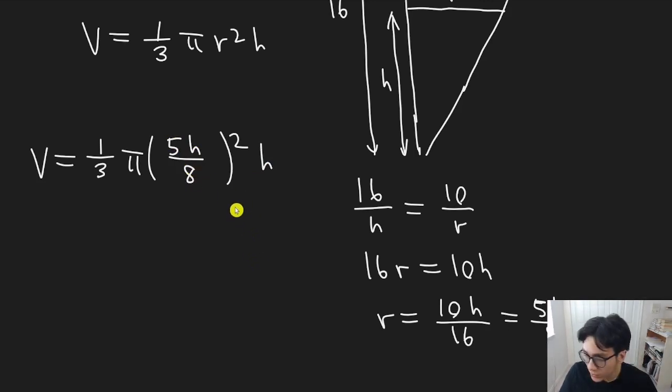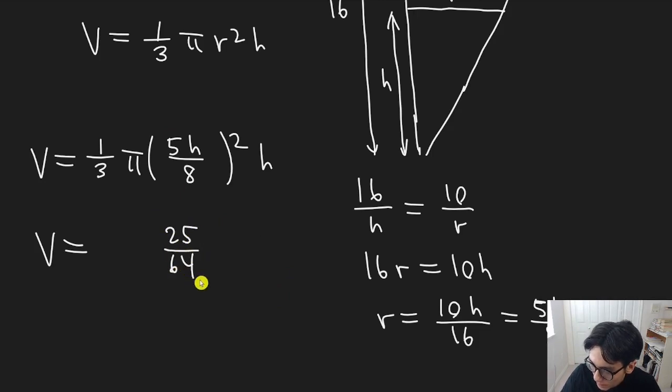Now, here we want to simplify this before we take the derivative. First off, for the number part, we're going to have 1/3 times pi, and then we're going to have 5 over 8 squared. Now, 5 over 8 squared, you can write that as 25 over 64. 1/3 pi. Okay, this is just the number part.